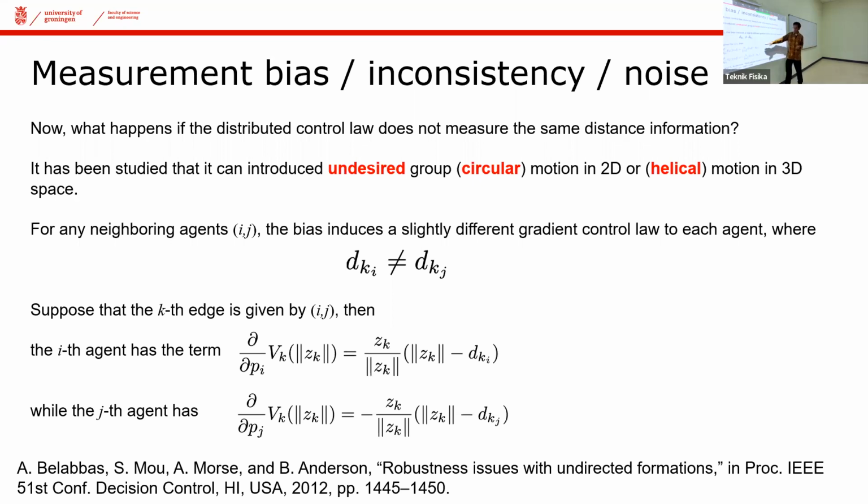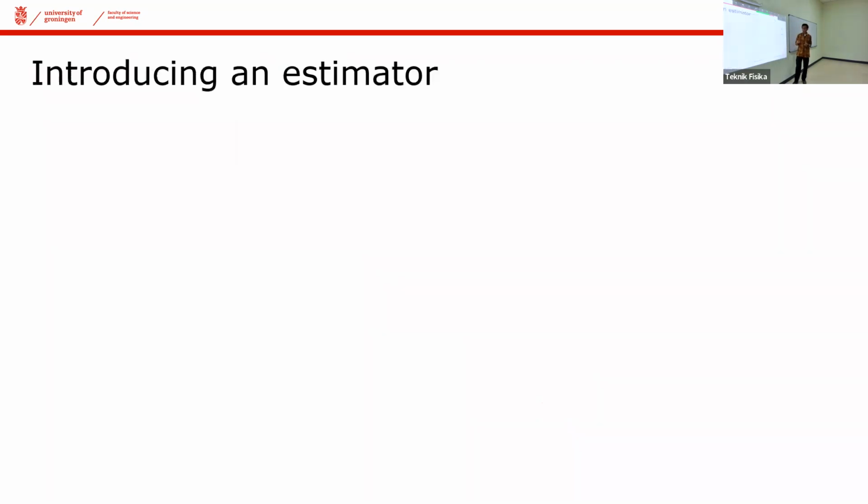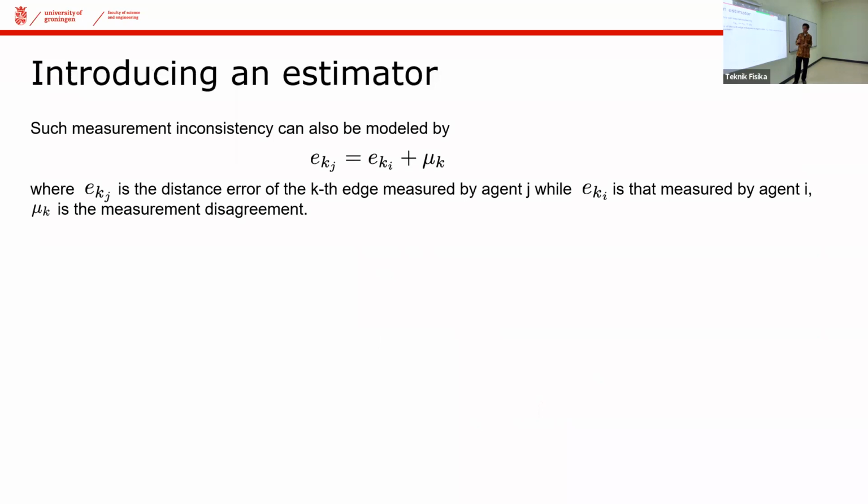So if we take a look at the previous example of two pairing agents, where one is plus and one is minus, the problem lies in these numbers: they may be implementing different numbers. So if they are implementing different numbers here, the problem will occur. What we have done to solve that problem is introducing an estimator, and this is borrowing an idea from observer design.